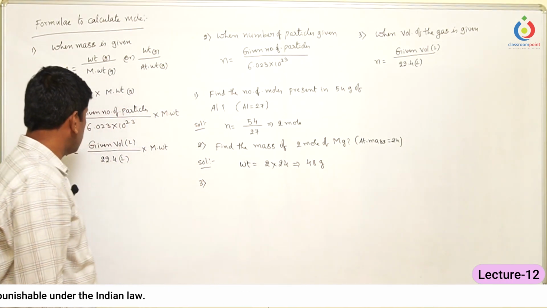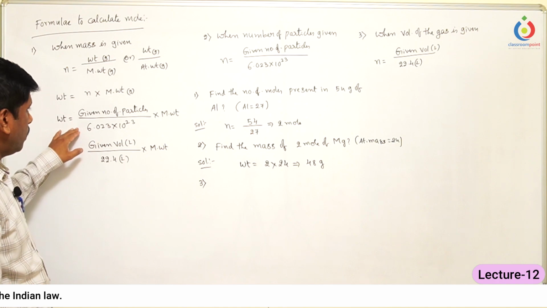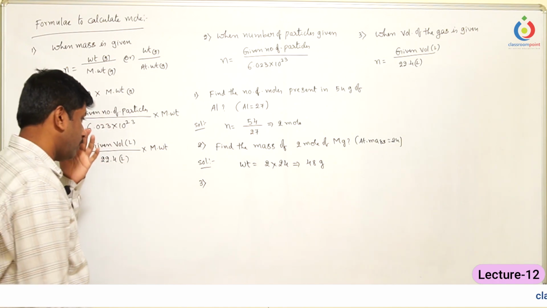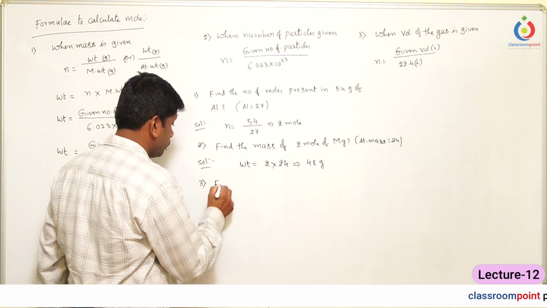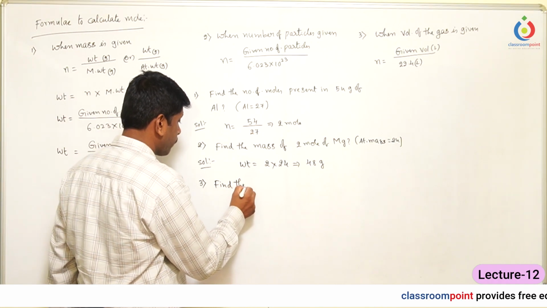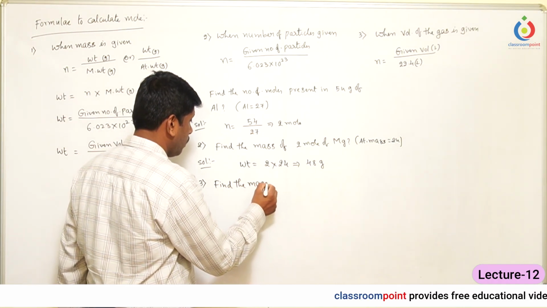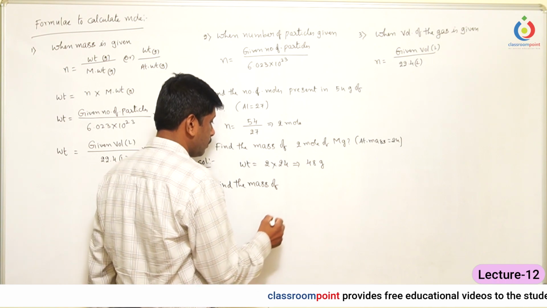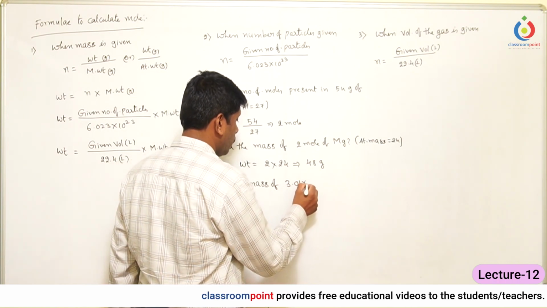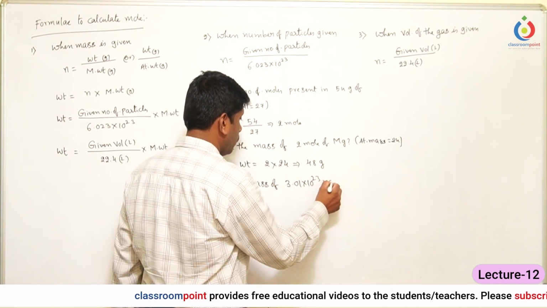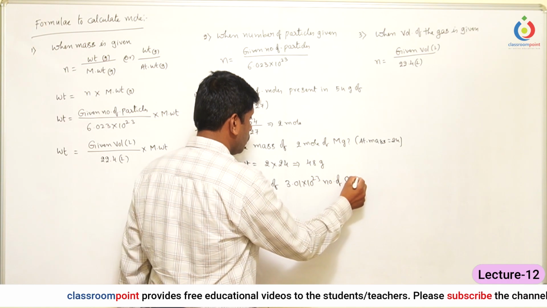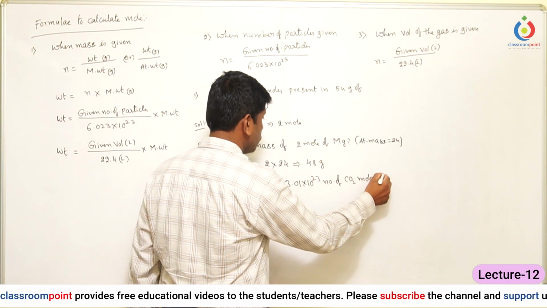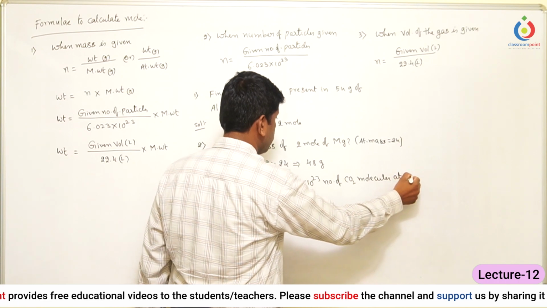So let us see the third formula, if the number of particles is given. Find the mass of 3.01 into 10 power 23 CO2 molecules at STP.